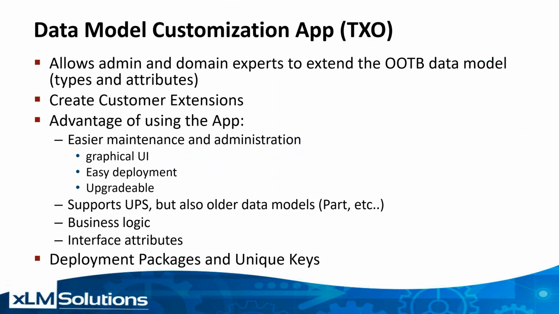In the case of TXO, it's primarily deriving types from packages that are already available. Basically, a data model is already provided by DS. There's no easy way to create a completely new type within the data model customization. You can only extend existing types that are provided with the Dassault built-in packages.